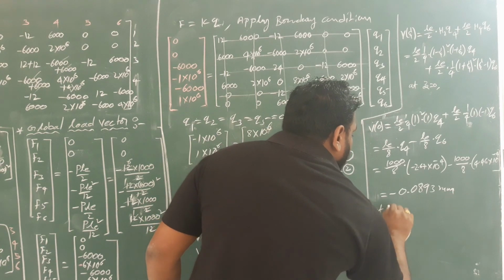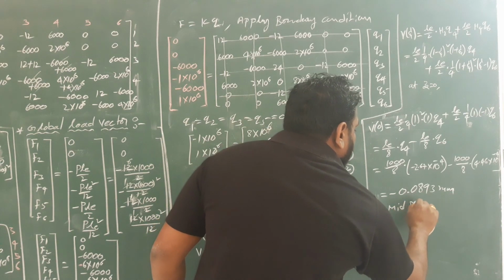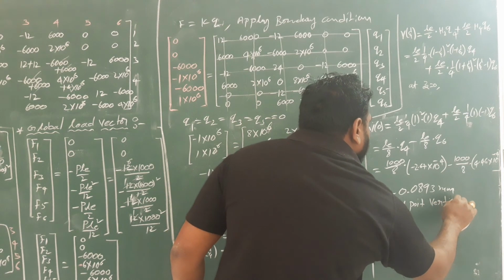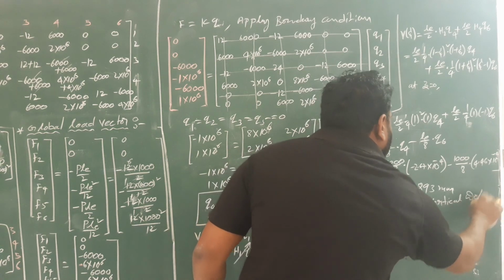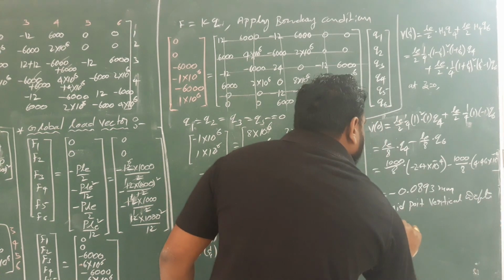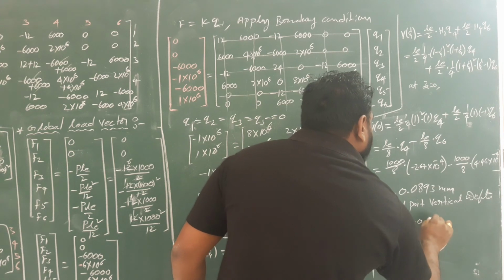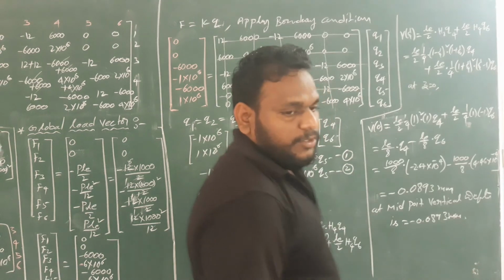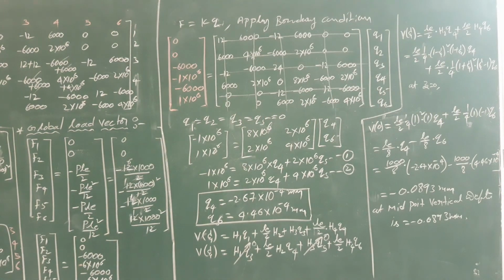At the midpoint, the vertical deflection is minus 0.0893. This is the overall deflection at the midpoint. So we solved what we wanted.